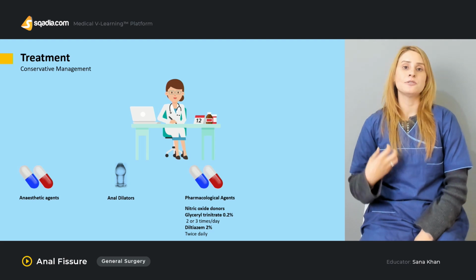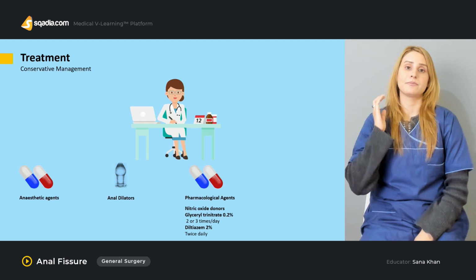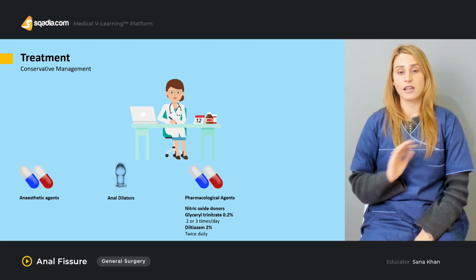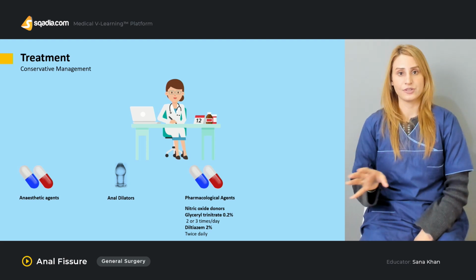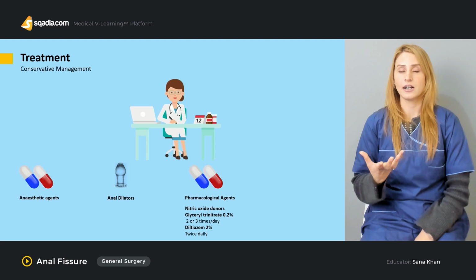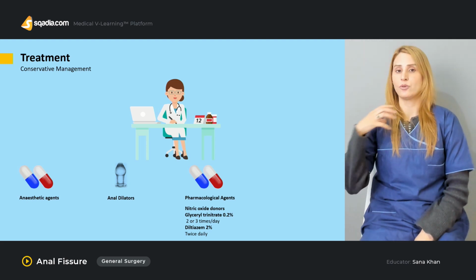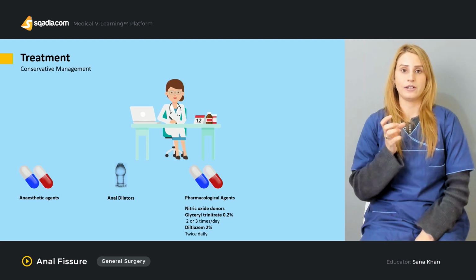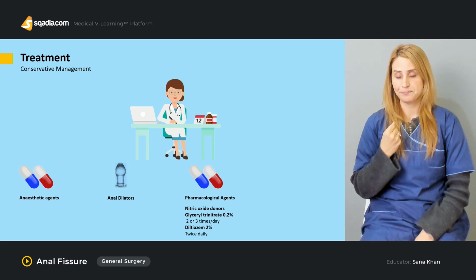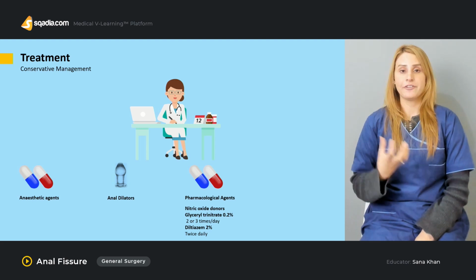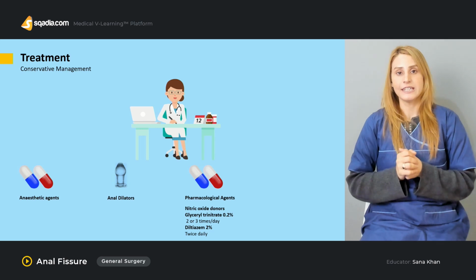And then you have to counsel the patient about use of a lot of water, or juices, or plenty of fluids in any form, combined with a high fiber diet and sitz bath. They are very, very important in the process of healing.